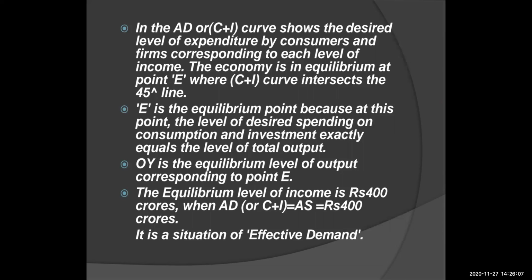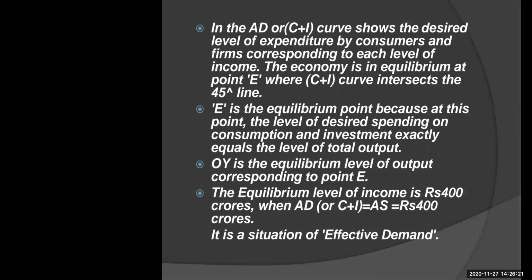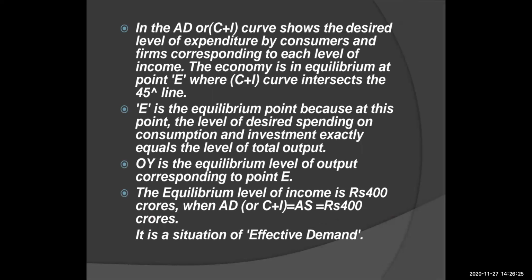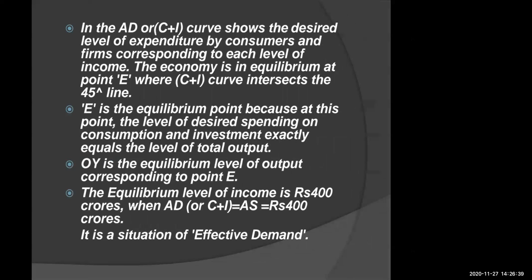E is the equilibrium point because at this point the level of desired spending on consumption and investment exactly equals the level of total output, and OY is the level of output which we can observe in the diagram. So if the equilibrium level of income is, let's say, 400 crores, then AD is equal to AS is equal to 400 crores, for example. So it is a situation of effective demand.